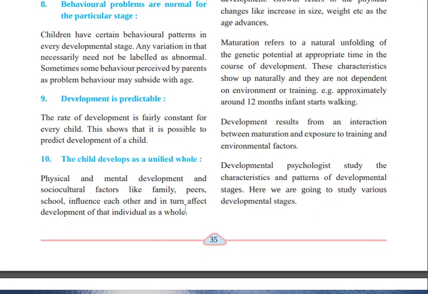Physical and mental development and social cultural factors like family, peers, school. If you see, the child develops as a whole, like your society, family, peers, each affect the other, and in turn affect the development of the individual as a whole.